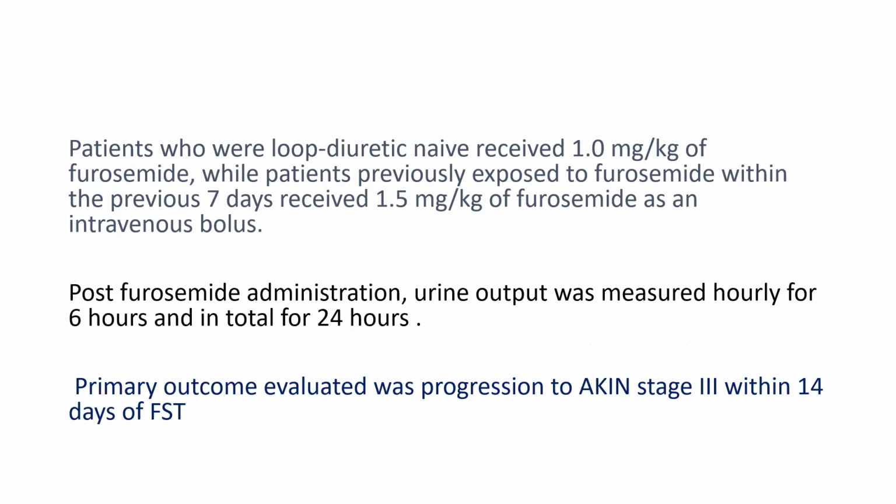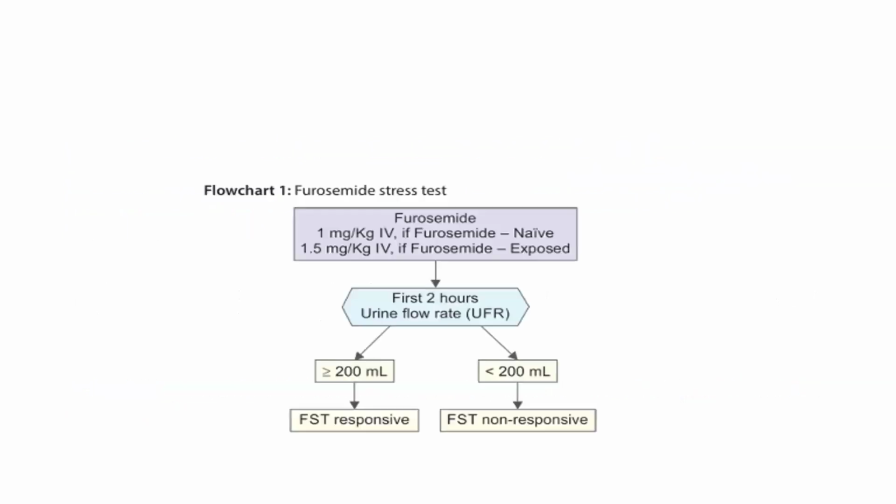So after furosemide administration, urine output was measured hourly for 6 hours and in total for 24 hours. The primary outcome was the progression to AKIN stage 3 within 14 days of the furosemide stress test. Now this is the pictorial representation of the furosemide stress test.